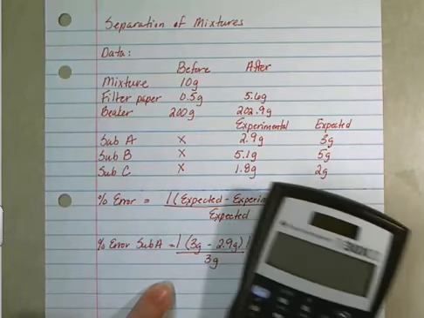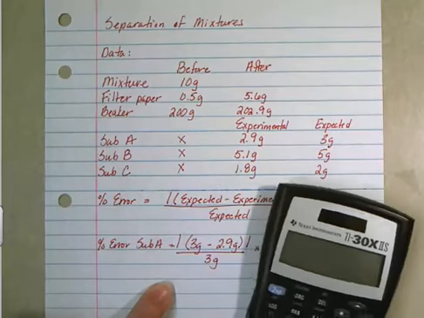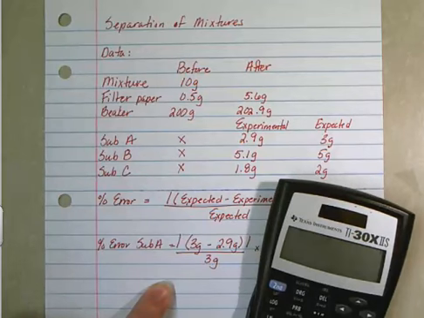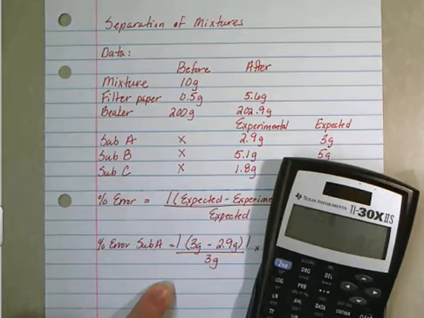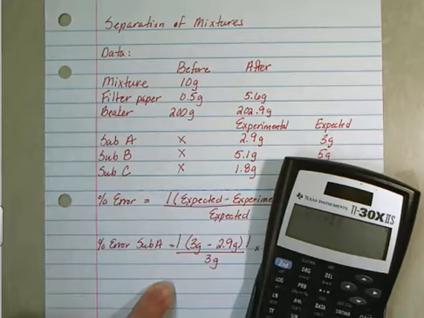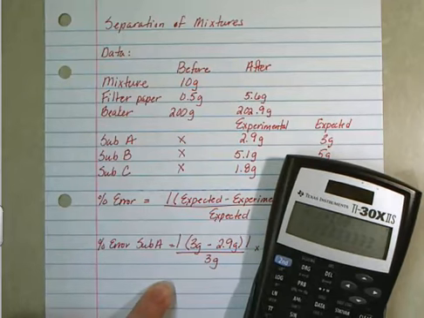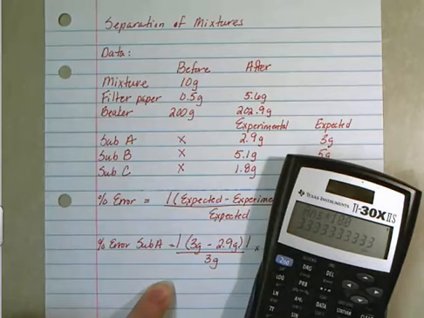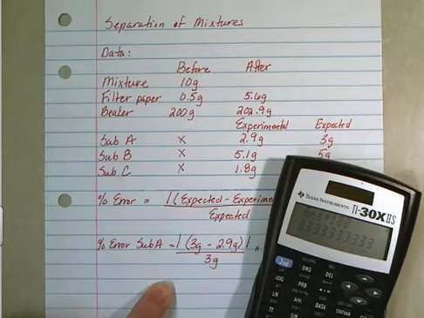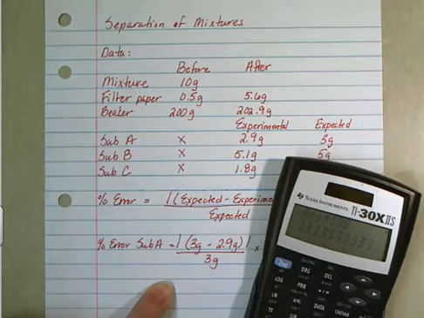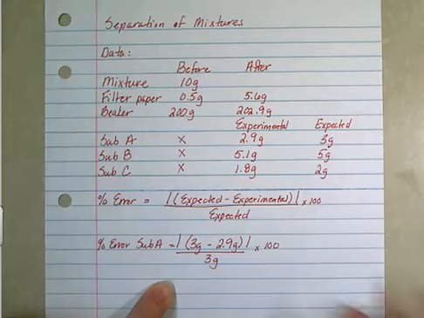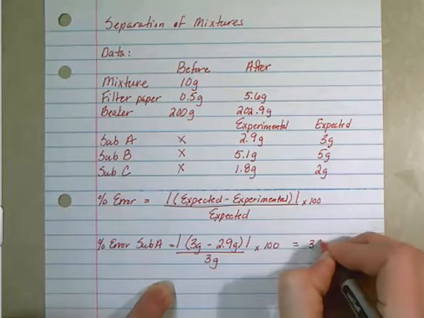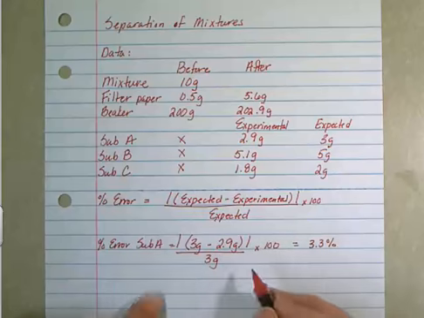When we put that into our calculator, we'll put in 3 minus 2.9, and then we can just continue to divide that by 3, which should give us a percentage, multiply it by 100, and it looks like we got about 3.3 repeating, but remember, we're going to ignore that repeating in science. We're going to cut that off at 3.3% error, which is not too bad. So 3.3% error for substance A.